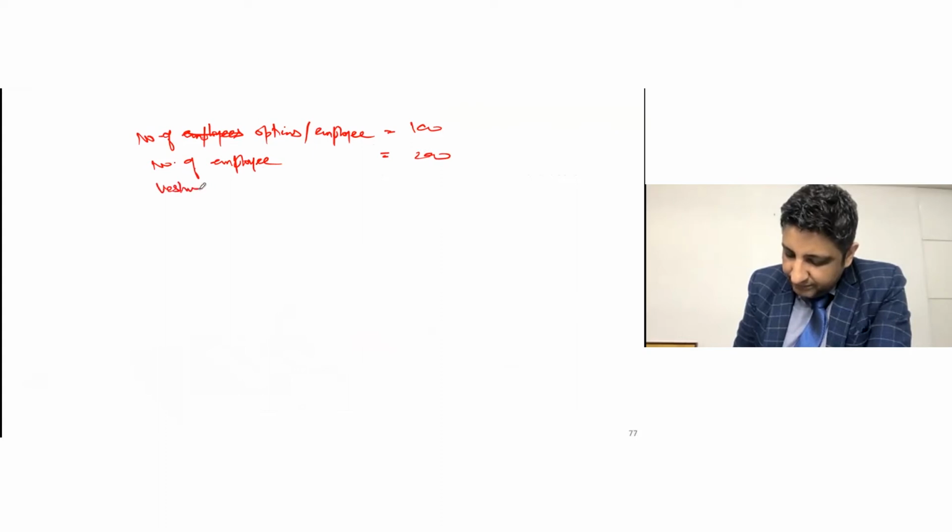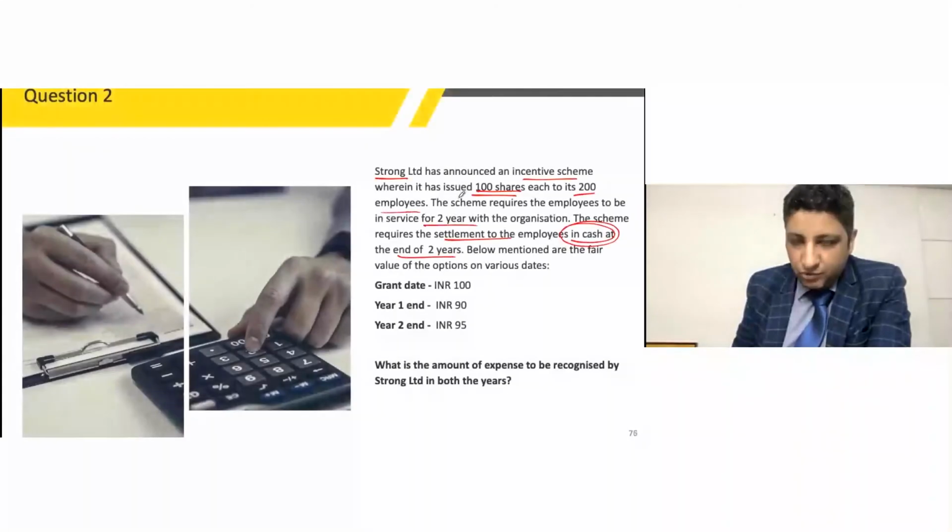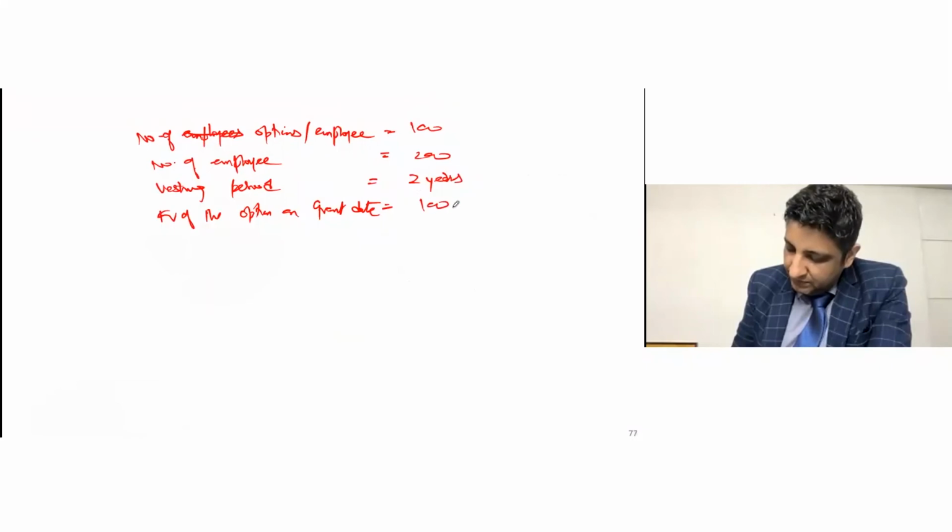We are given the vesting period, which is 2 years, right? Fair value of the option on grant date is also provided, which is 100 rupees. So we have captured all this information.